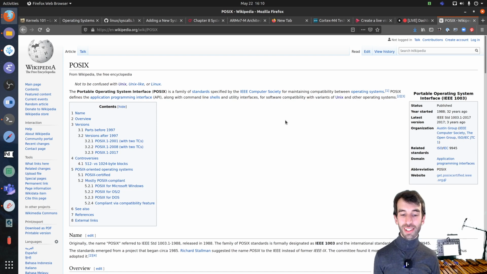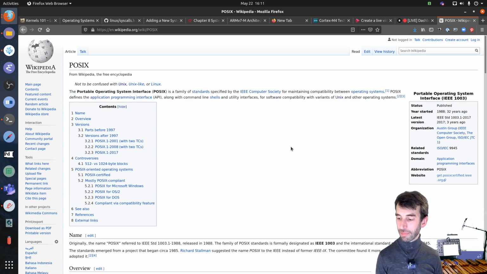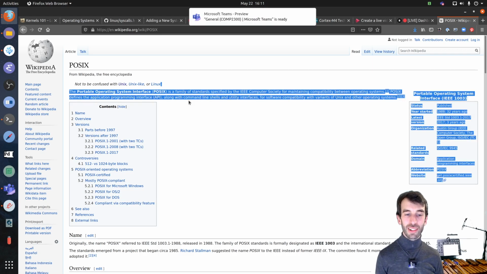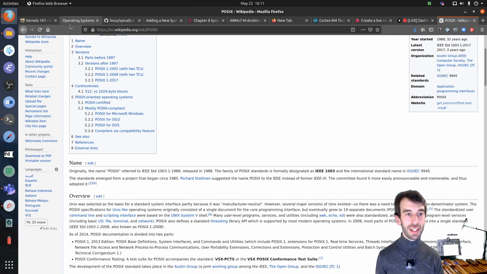It's not called Unix because at the time that they made this standard, or the IEEE Computer Society defined this standard, Unix was kind of a copyrighted word, so it was a brand name. So it's not something that you could just call your thing Unix. That was owned by a company. Yeah, you can read about that history another time.